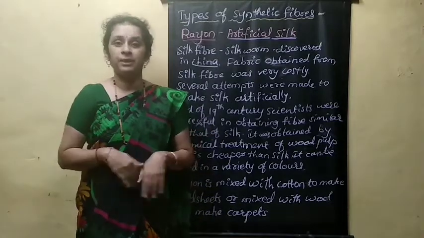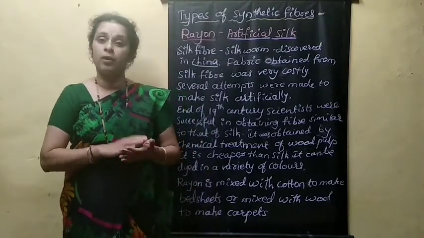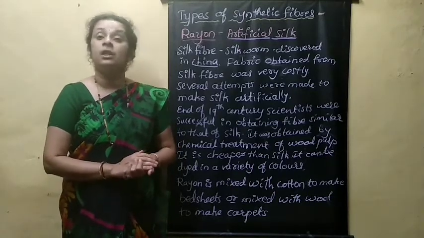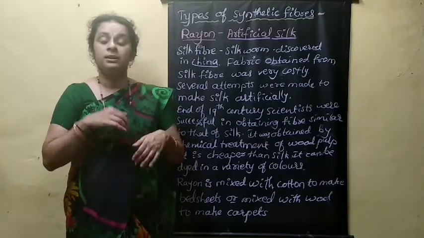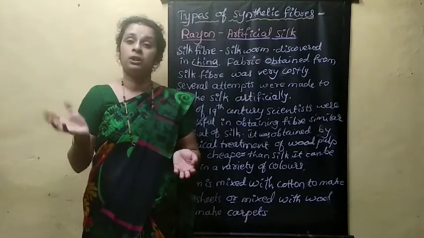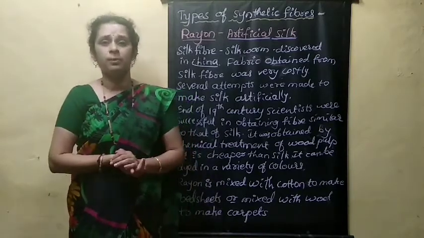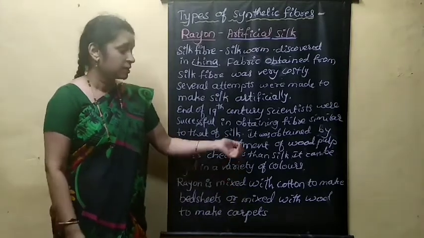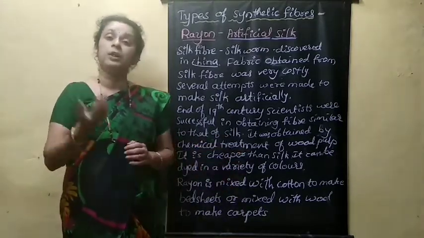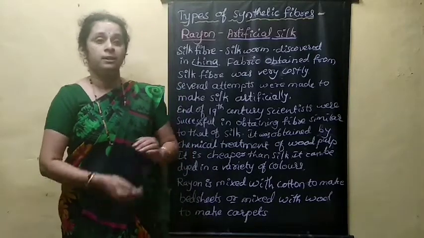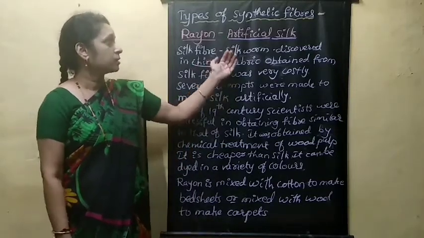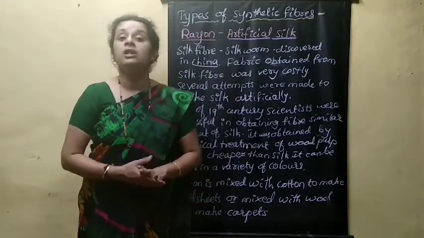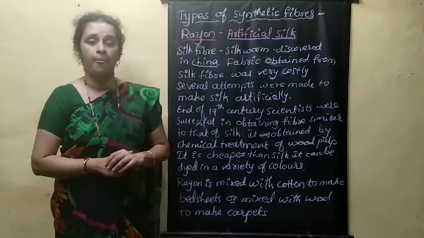Rayon mixed with natural fibers like cotton and wool gives a silk-type fiber that is very cheap compared to silk fiber. That's why this fiber is called artificial silk, similar to silk fiber.